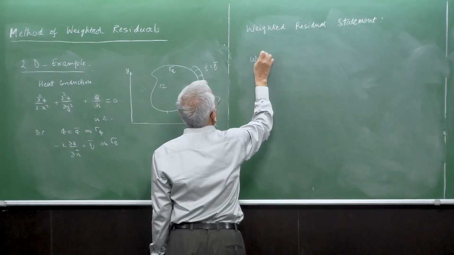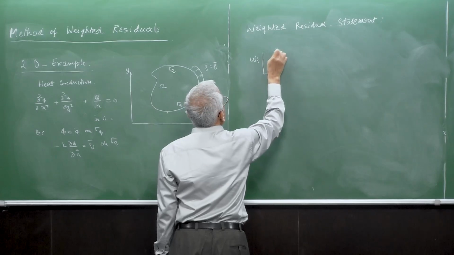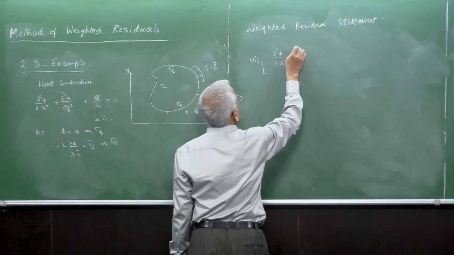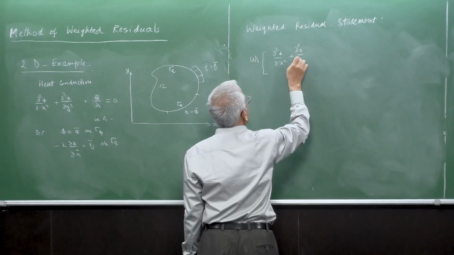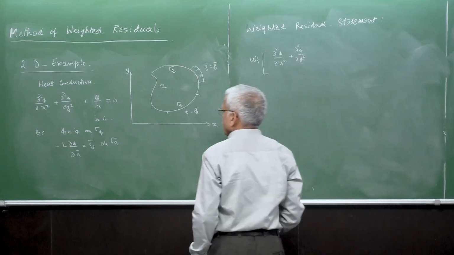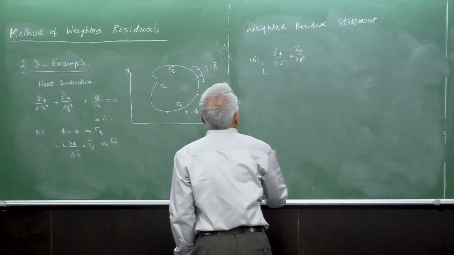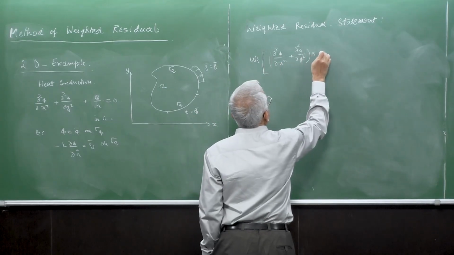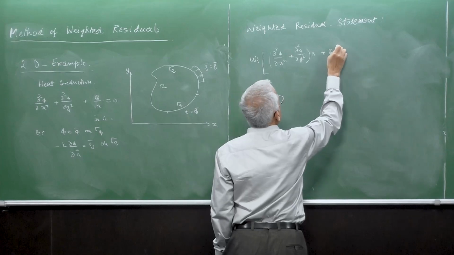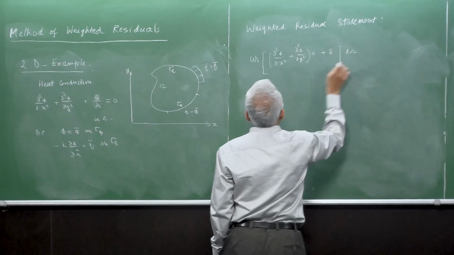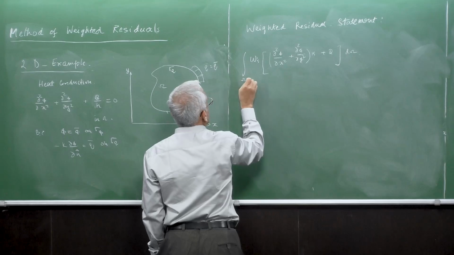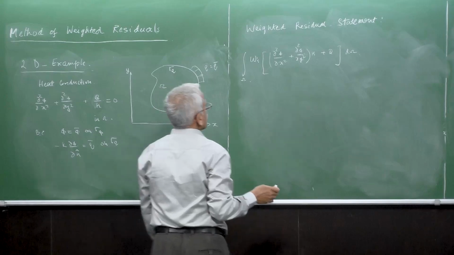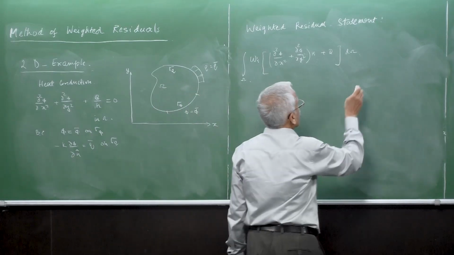We'll take the weighting function Wi and take this. Okay, we can take k inside. So here the conductivity, if you want, you can keep it inside, or you can take it this side also.